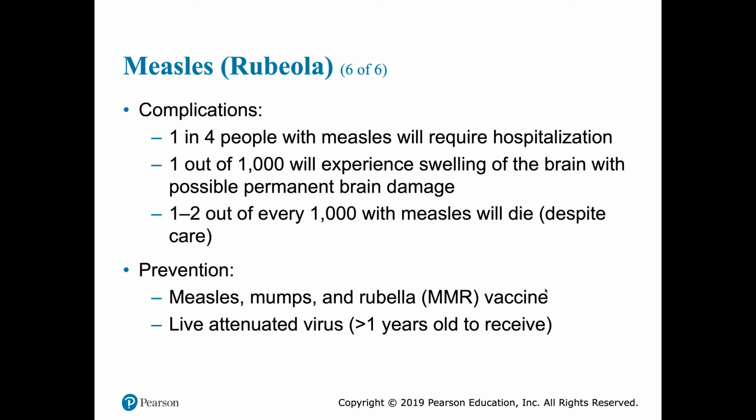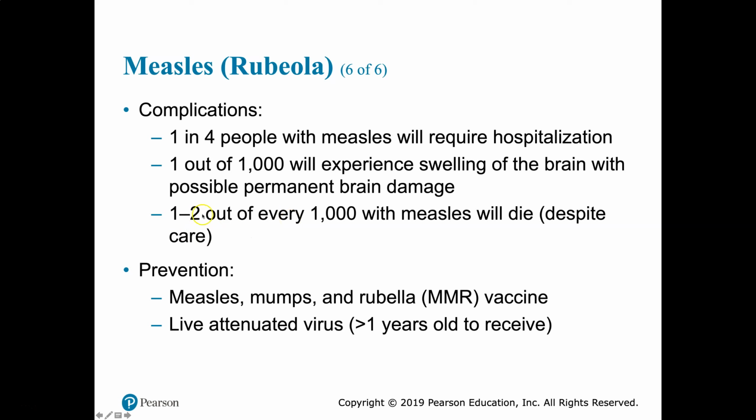Complications, you can see here the severity of it. 1 in 4 will require hospitalization. 1 out of 1,000 could get swelling of the brain, which is called, does anyone remember? Encephalitis, right? And then depending on where you live, this number could change, but 1 to 2 out of every 1,000 will die despite care.